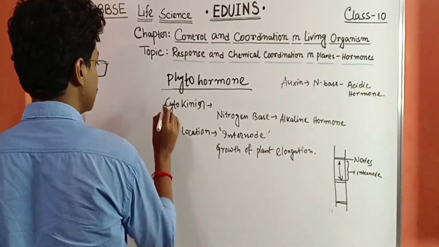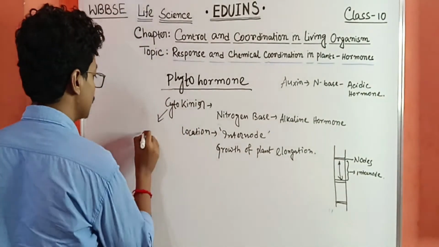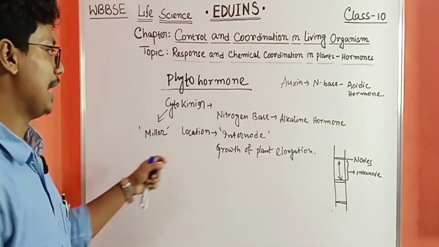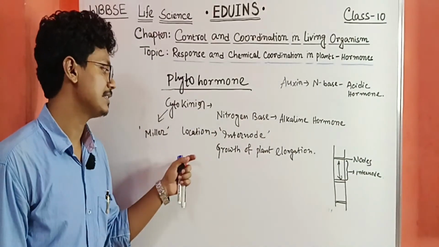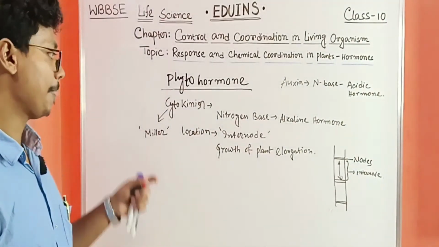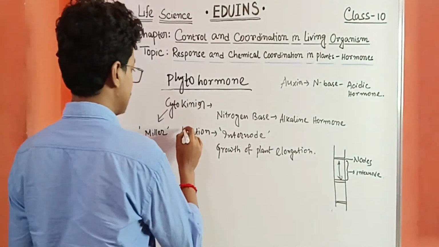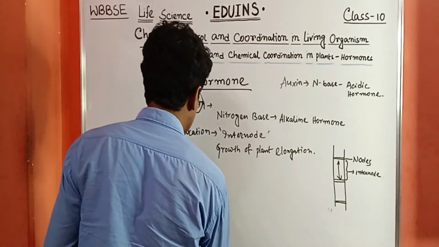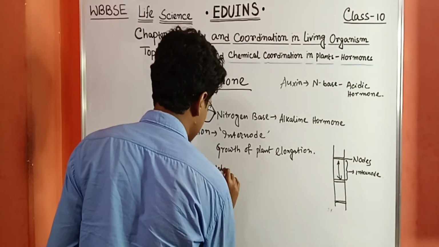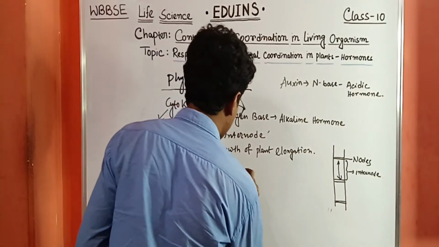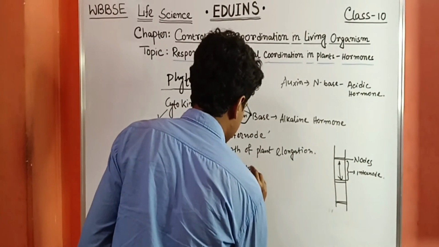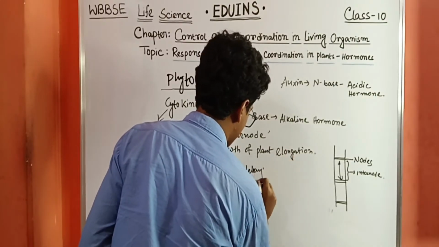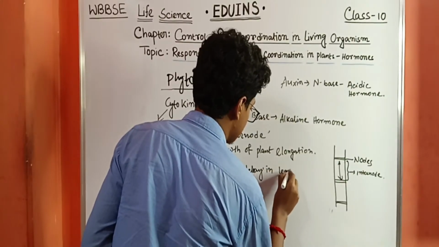The cytokinin was first discovered by Miller. This is a nitrogen based alkaline hormone, and this was first discovered by Miller. This is the main function of cytokinin. Also, they help in delay in leaf senescence.